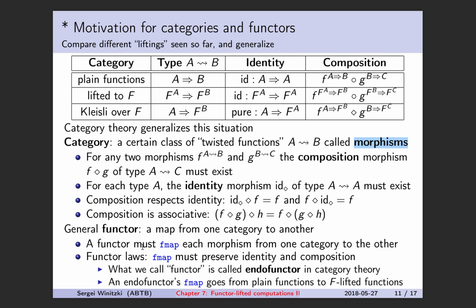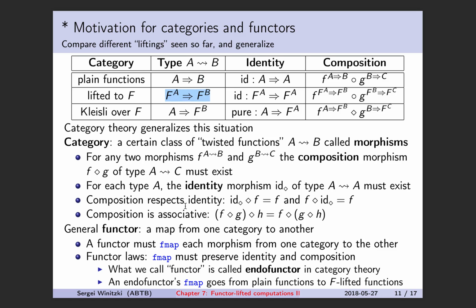And category theory generalizes a lifting to be a map from one category to another, rather than what we have seen before, the functor that we said before. It is a lifting from this to this. So if you think about the fmap type signature, that's a function from this to this.